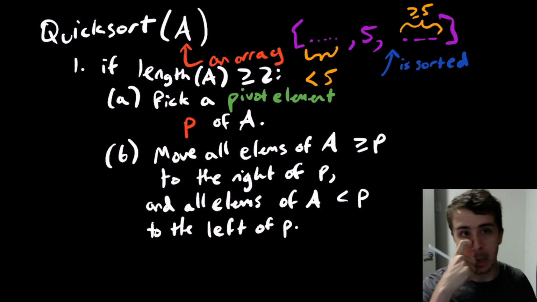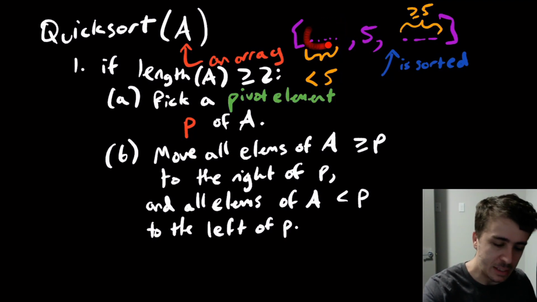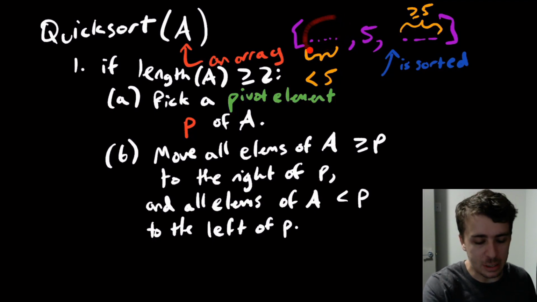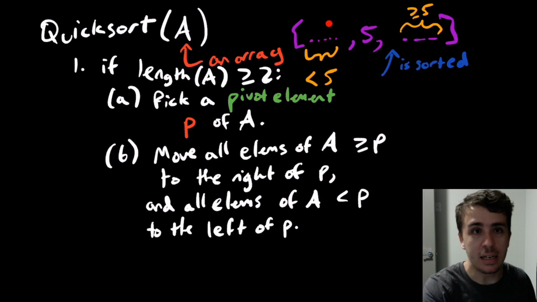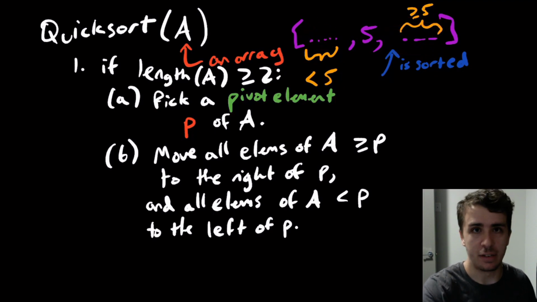Then, because all of the elements that are smaller than P are over here, all I need to do is worry about this part individually, and then all of the elements on this side individually.